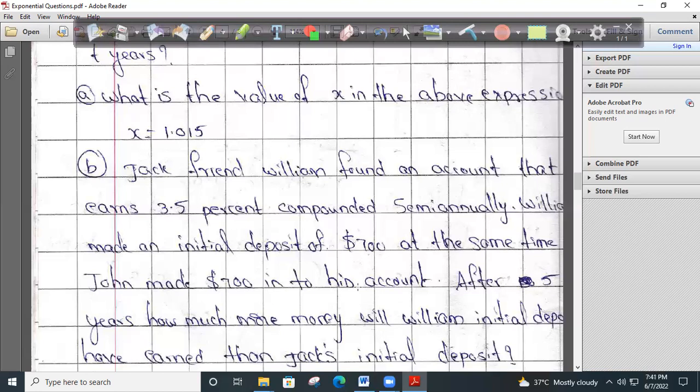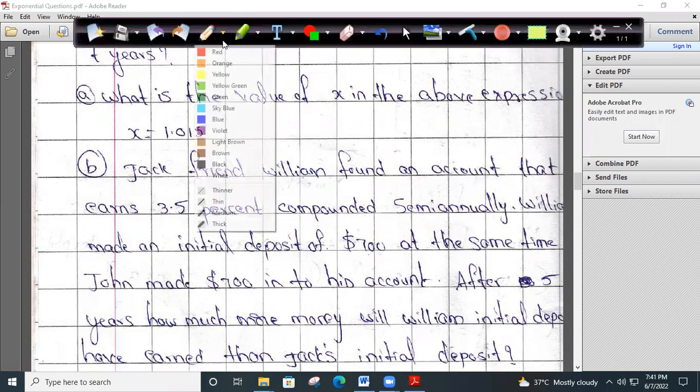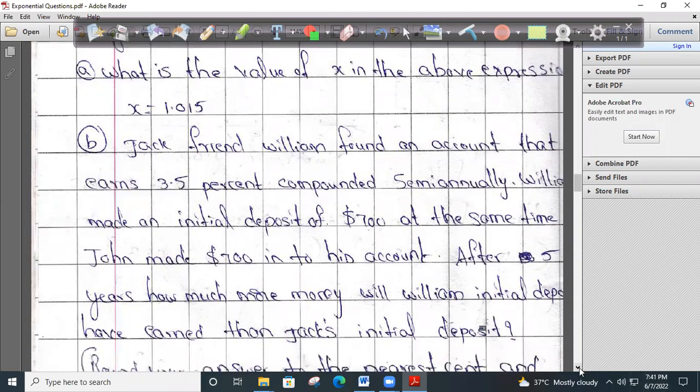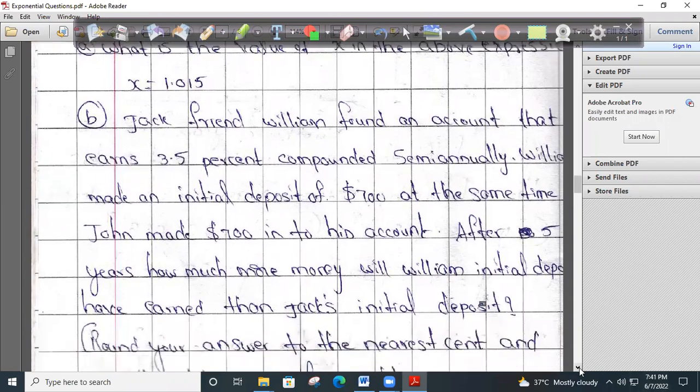The question is so simple. William is having 3.5%, Jack is having 3%. In that case, how much more money will William have in his account than Jack? Round your answer to the nearest cent.